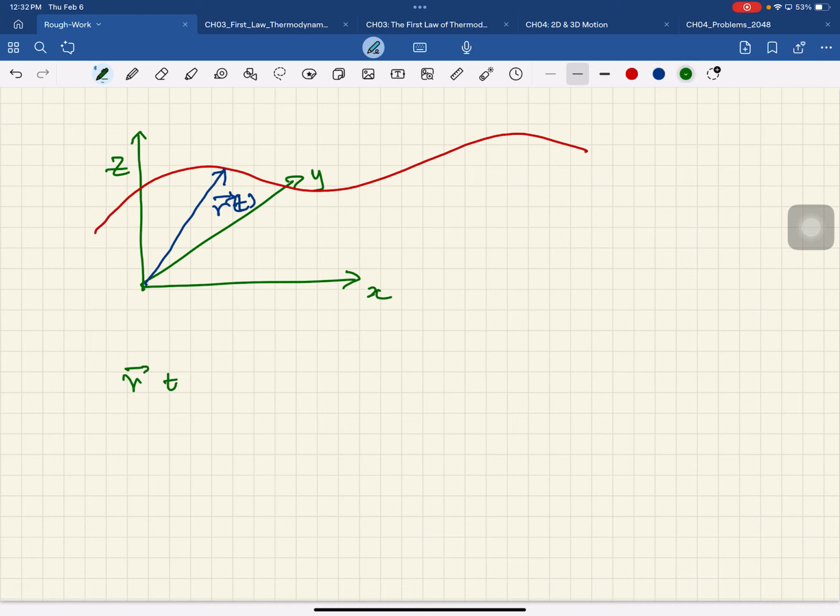So to describe this motion, what do you have to do? You have to give me these 3 functions: the x coordinate as a function of time, the y coordinate as a function of time, and the z coordinate as a function of time.